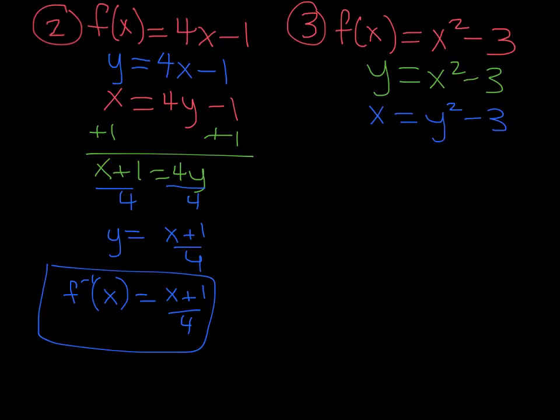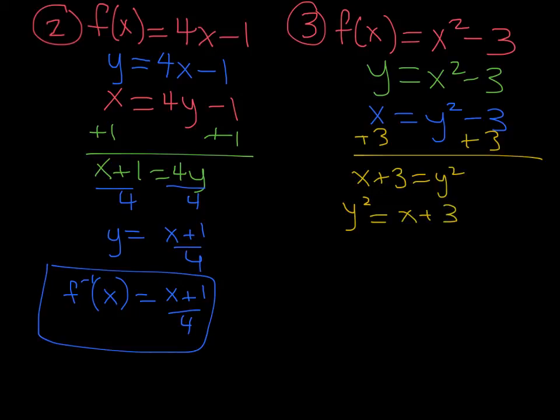From there, we have to solve for y. So we're going to start by moving over the 3. When you have y squared equals something, in order to undo the y squared, you need to take the square root of both sides. However, the rule is when you take the square root of both sides, you also need to add a plus or minus.